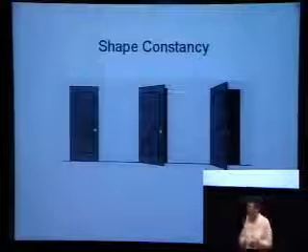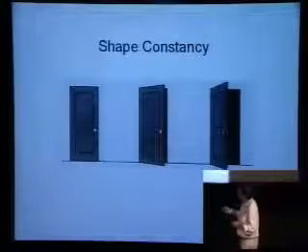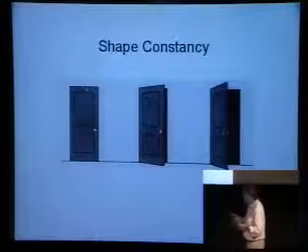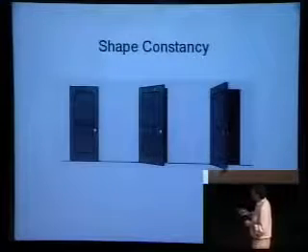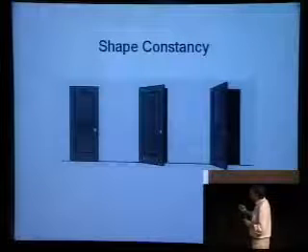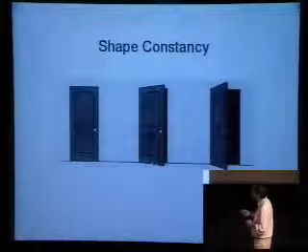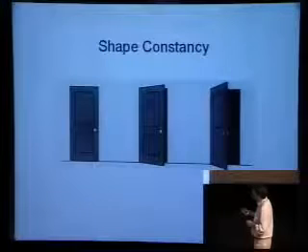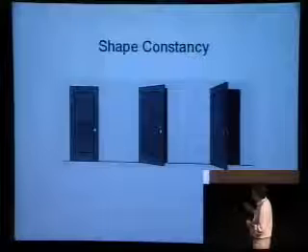Here is shape constancy. Here's a door, with its characteristic rectangular shape. But as the door opens, notice that the shape of the door becomes more trapezoidal. These parallel lines become not parallel anymore. This line becomes longer than this line.